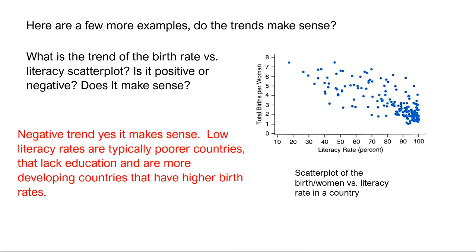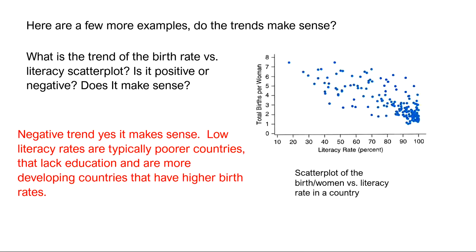And again, we're going to call this a negative trend. It makes sense because typically low literacy rates in countries, they're typically poorer countries that may have a more agricultural background, a developing country, so that they don't have the education, and they typically just have more kids than the more developed countries like the United States and most of Europe, where the literacy rates are much higher, where a lot more people can read.